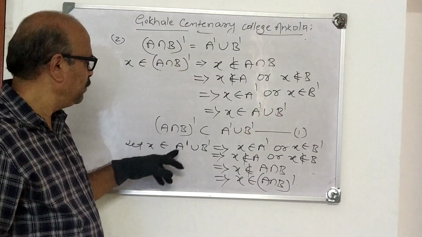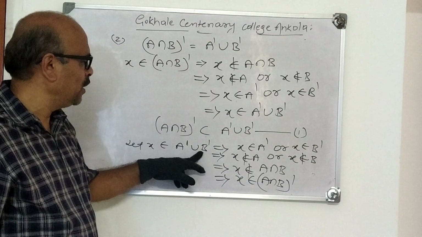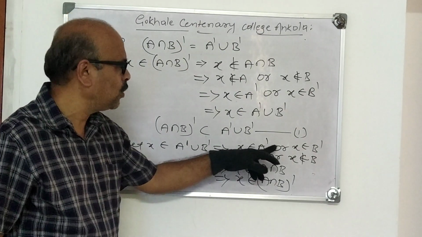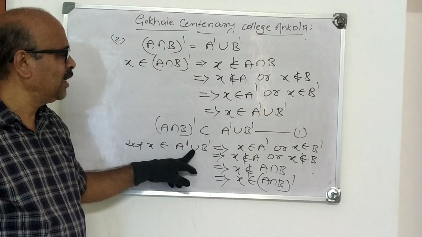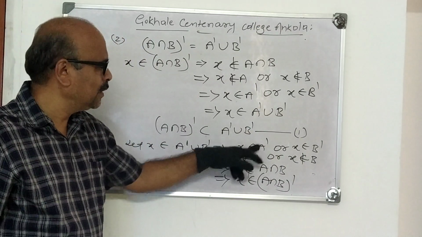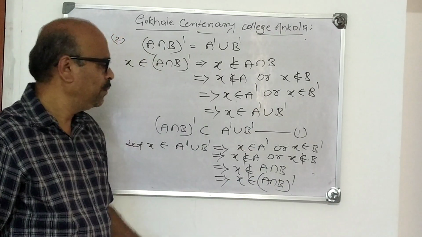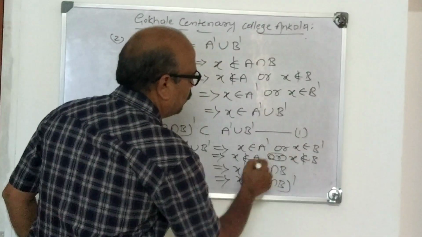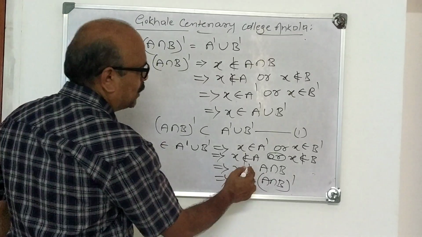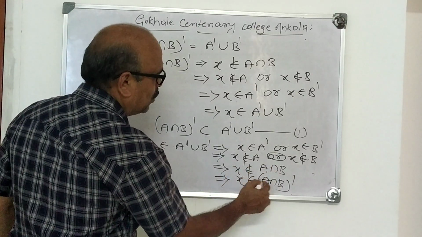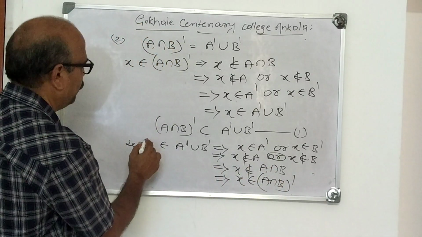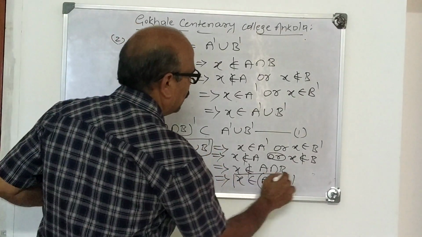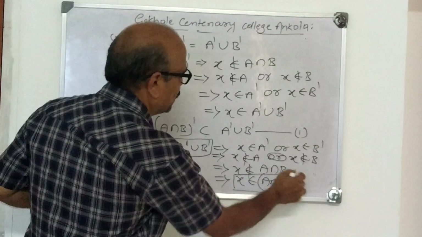So for the second part, x belongs to A complement union B complement. This implies x belongs to A complement or B complement, because union is or. So x doesn't belong to A or x doesn't belong to B, which means x doesn't belong to A intersection B, and so x belongs to A intersection B complement. So if x belongs to A complement union B complement, then x belongs to A intersection B complement.